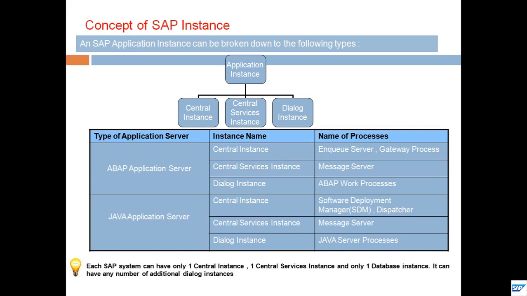Enqueue server and gateway process. And in the central services instance, what are the processes running? Message server. Same for ABAP as well as for the Java application. The message server basically asks the dispatcher to allow all the work processes.